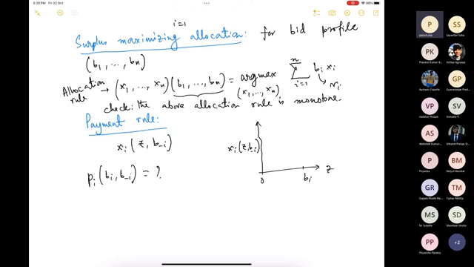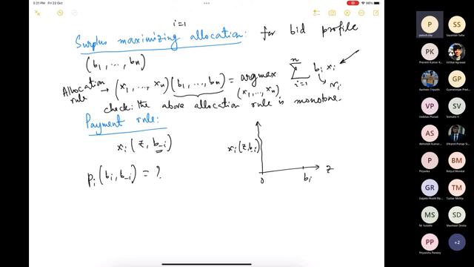Okay, so if you fix the bid values of other players, you see the allocation is maximizing summation bi xi. Now, if you make z equal to 0, then of course it won't be picked because it does not make sense to pick.